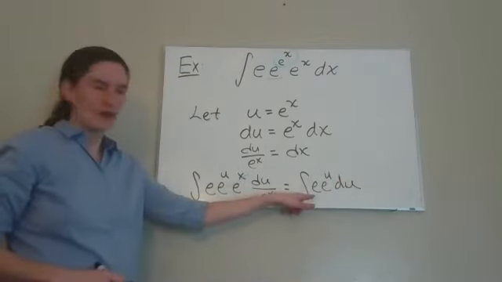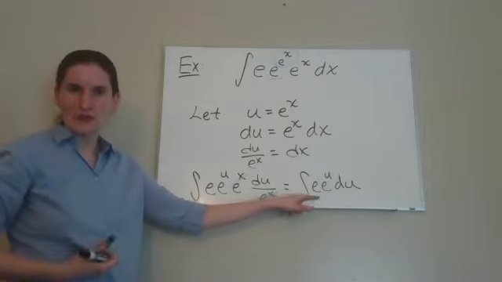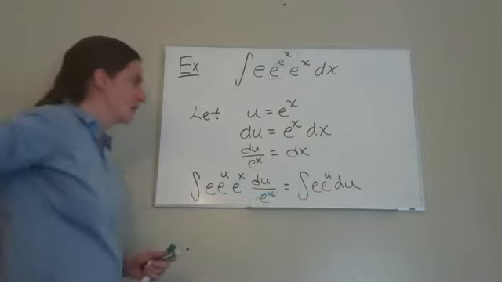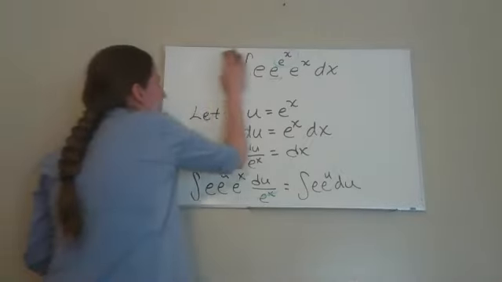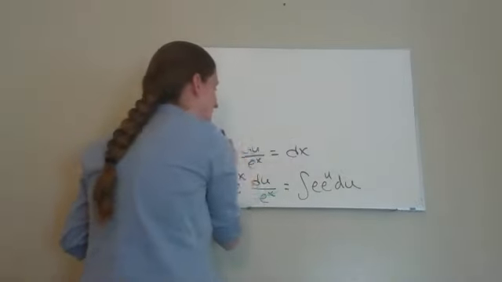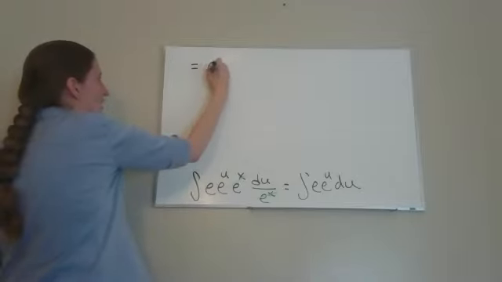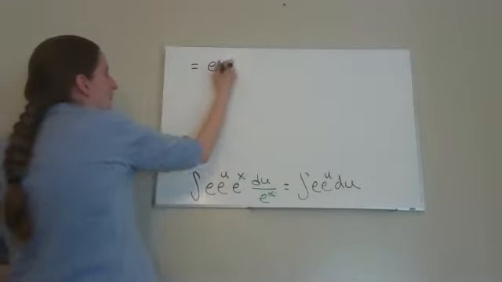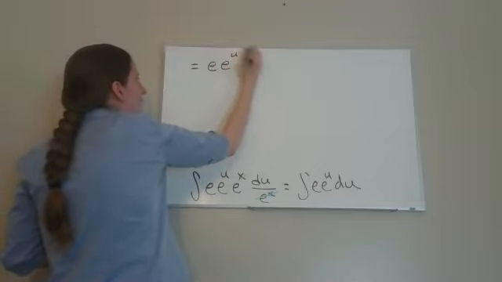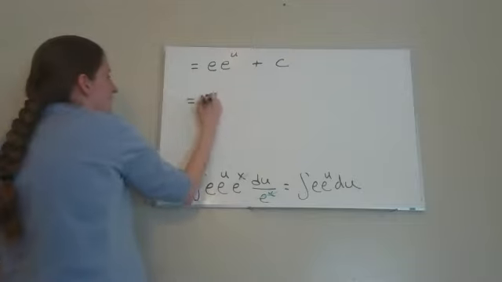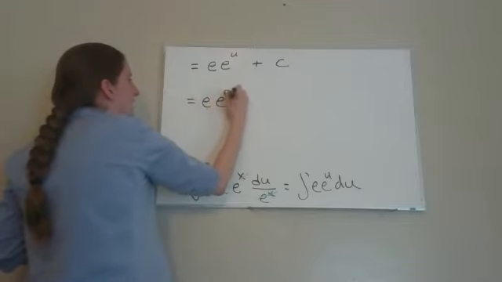So now I have an integral of e times e to the u du. Don't let that e in the front scare you. E is just a number, so it's fine that we have a number sitting there. The antiderivative of this, we're still going to have our number e. Antiderivative of e to the u is itself, plus your constant. And then we just have to plug our u back in.